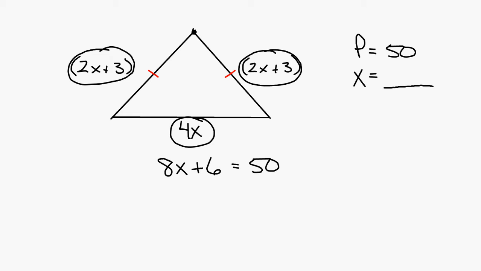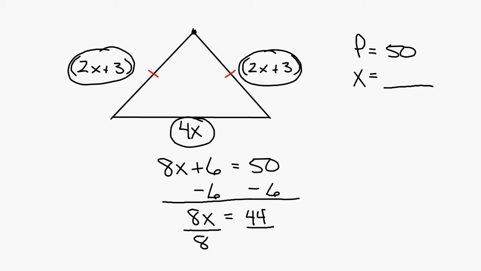So if you subtract 6 from each side, 8x will equal 44. And if you divide by 8, then x equals 5.5.